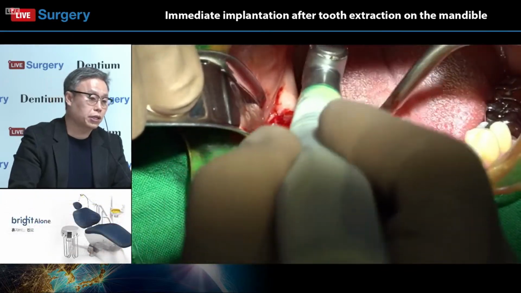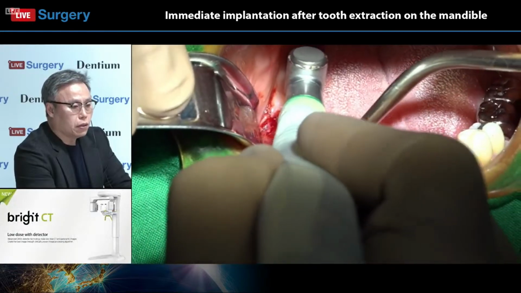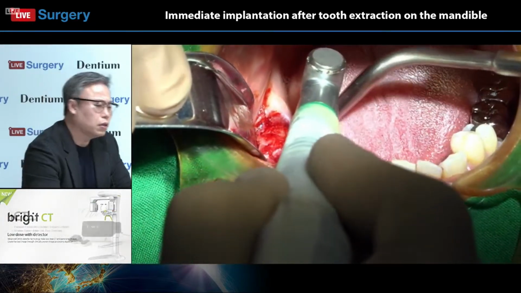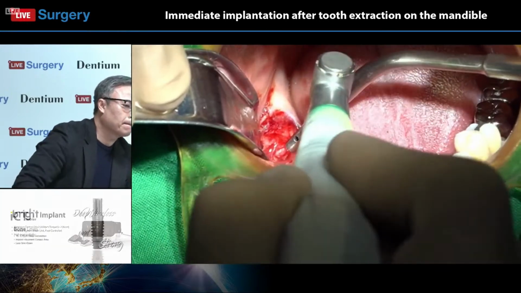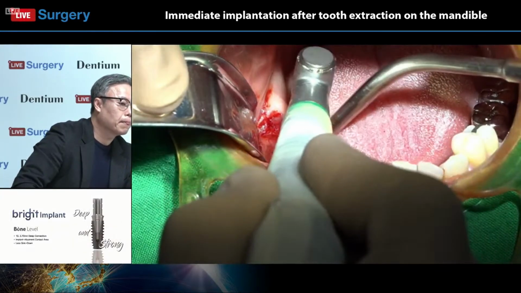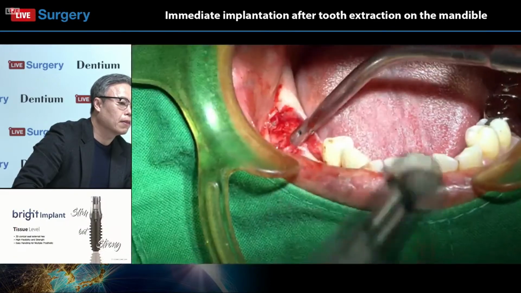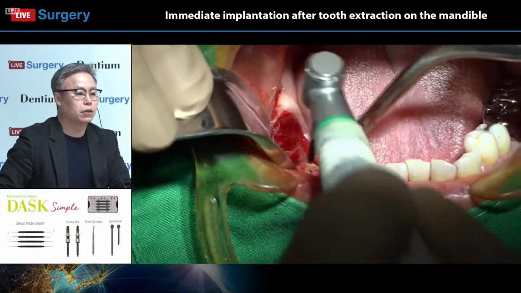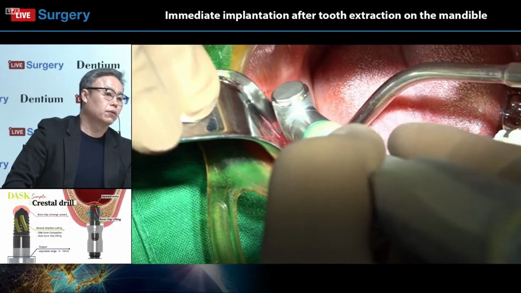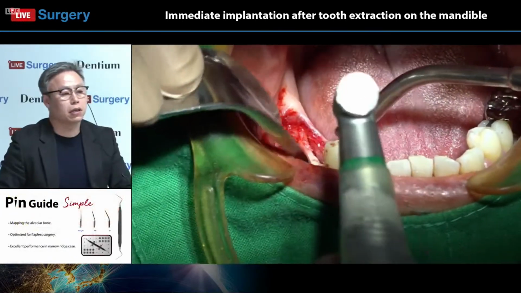And I think he's changing. No, he's doing the bony site preparation for the molar area, 47. It looks like, I cannot see clearly.